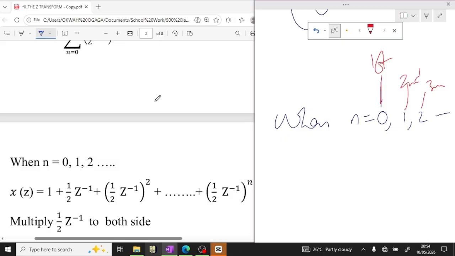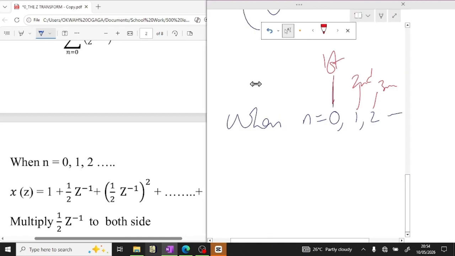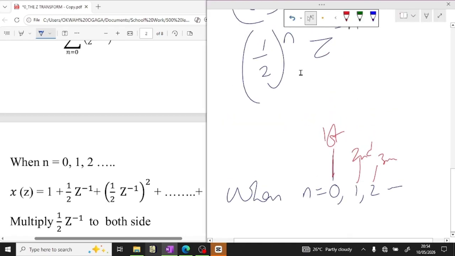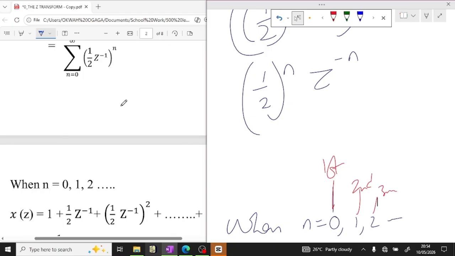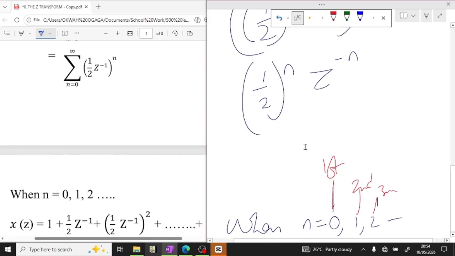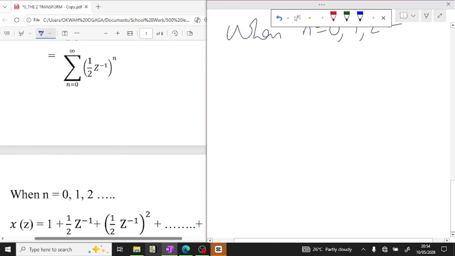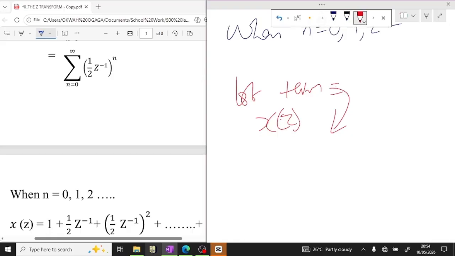What they're actually asking you to do is take your expression, let me just write it again, which is this one. Let me write it out here. So take that expression and say when n is 0 for the first term. So the first term for x of z will be what?